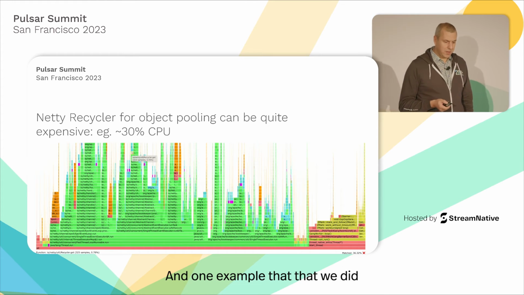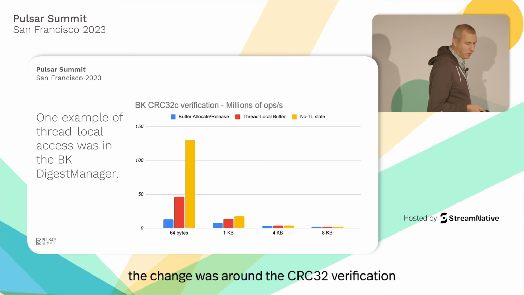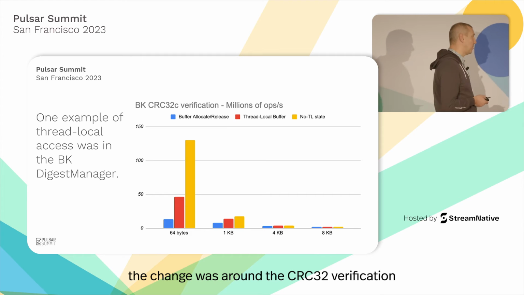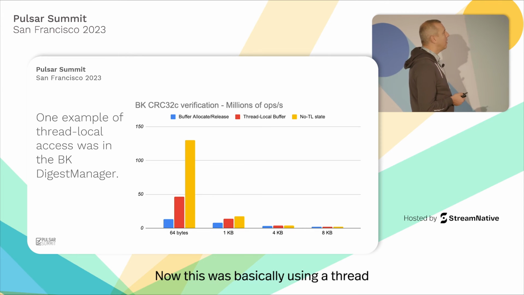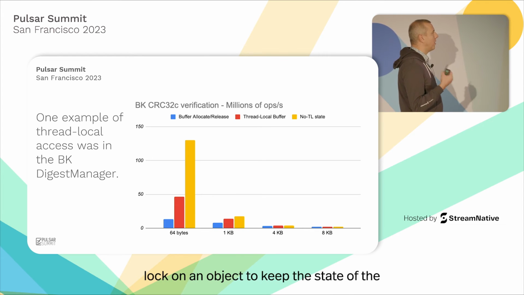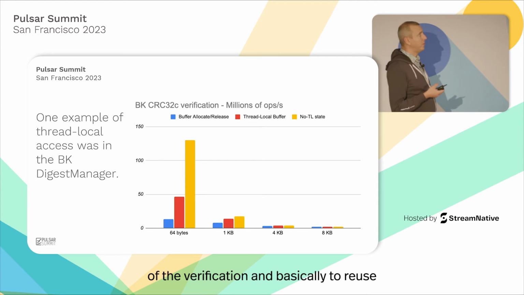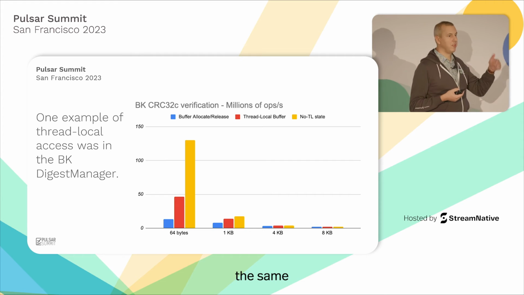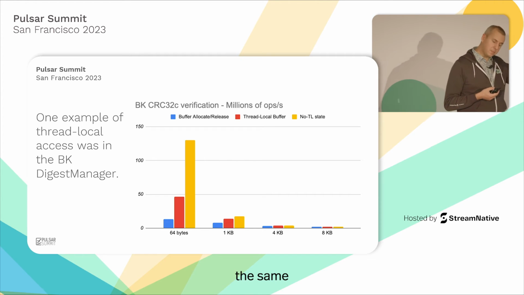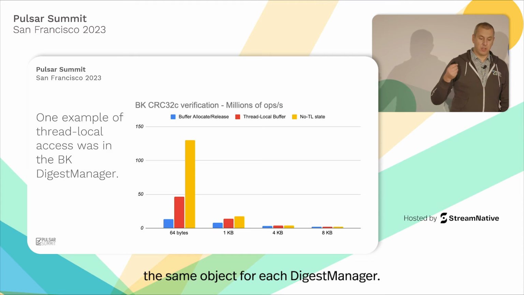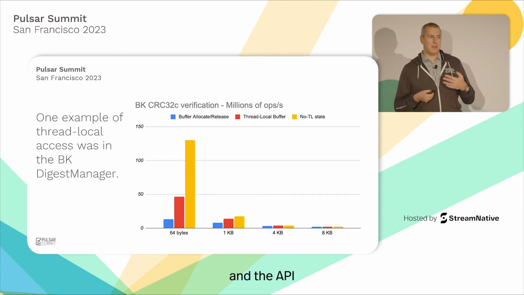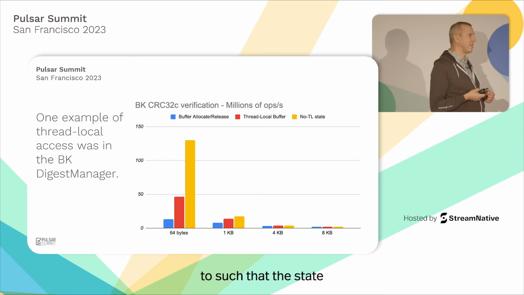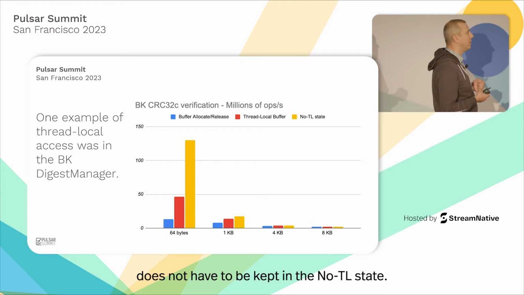And one example that we did, the change was around the CRC32 verification in the BookKeeper client. Now, this was basically using a thread local object to keep the state of the verificator, and to reuse the same object for each digest manager. We changed the implementation and the API such that the state does not have to be kept in the thread local state.